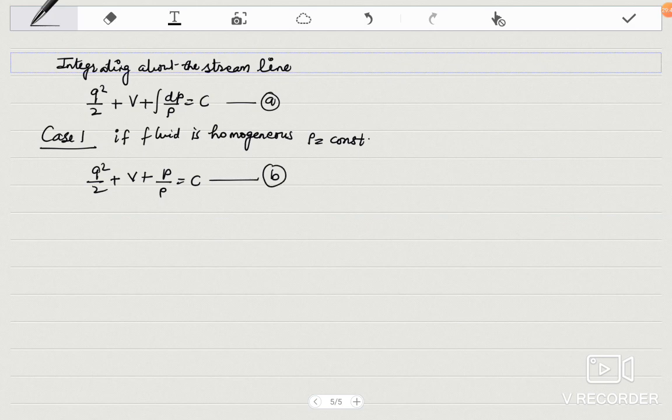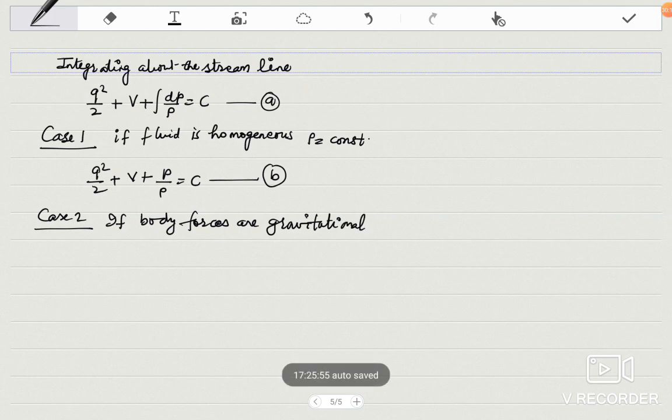Now in this case I will take one more case, that V is representing the body forces. So if I take body forces to be gravitational forces, that is, F is equal to minus g cos alpha.